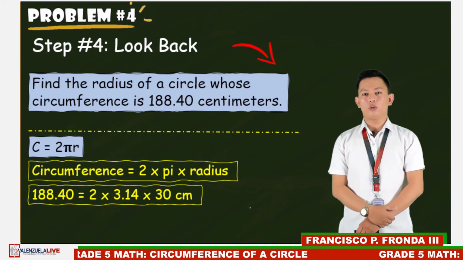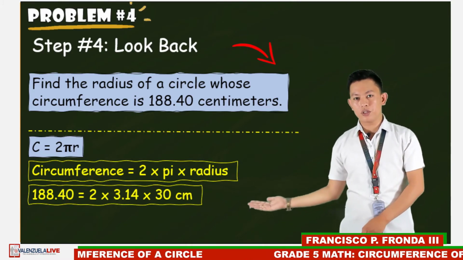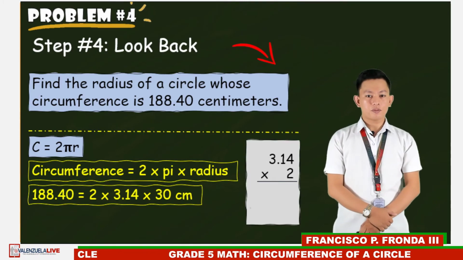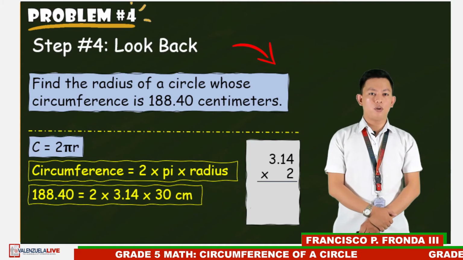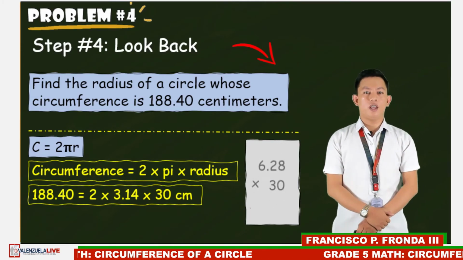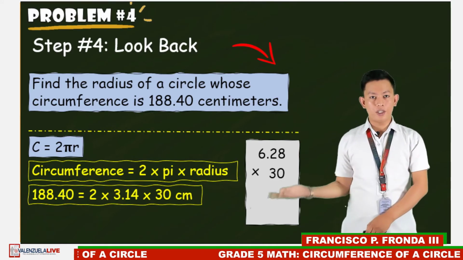Then equal to 2 times 3.14 times the value of the radius, 30. Now let's check. 3.14 times 2, the answer is 6.28. Then 6.28 multiplied by the radius.